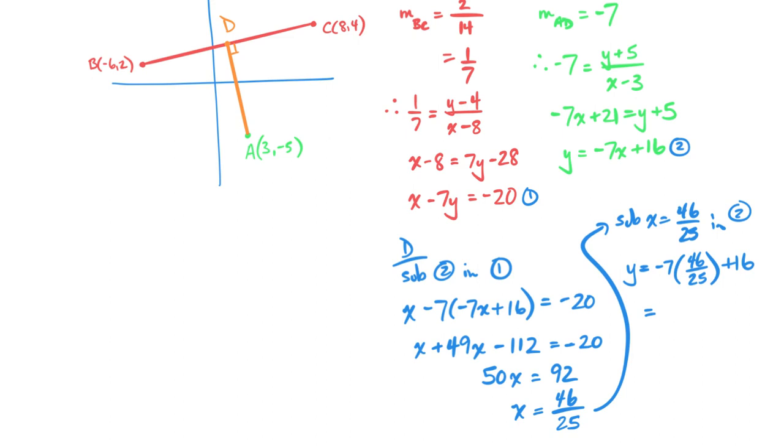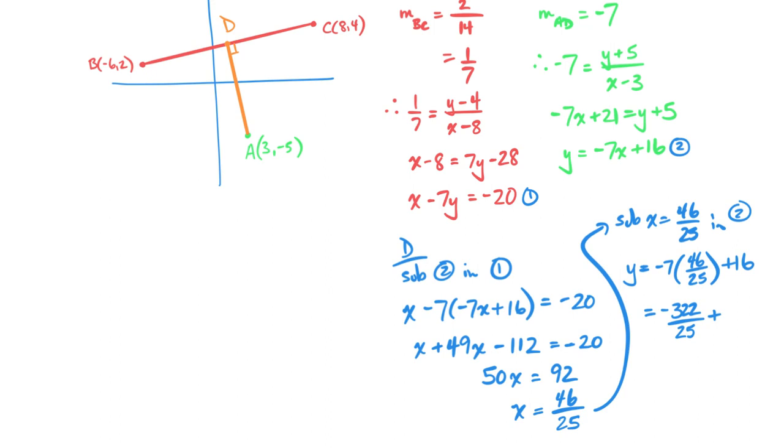I would take a first look, though. My 7 does not reduce with that 25, and we should always be looking to reduce that thing. So since it doesn't, now I'm going to multiply my 7 in. That's going to get me a -322/25.